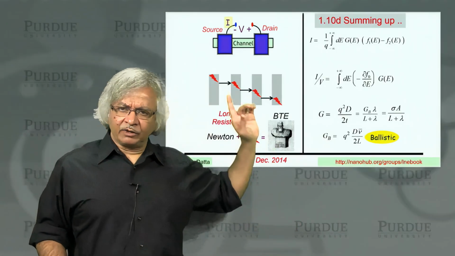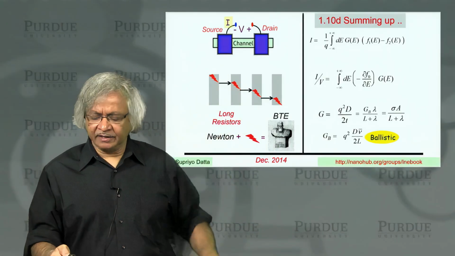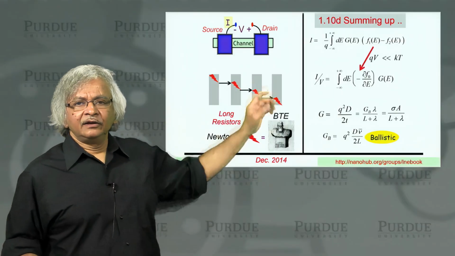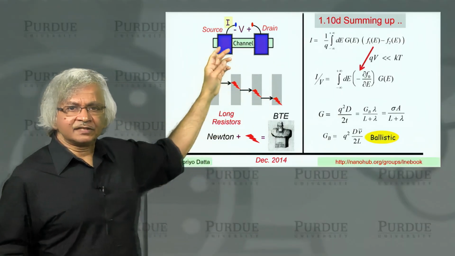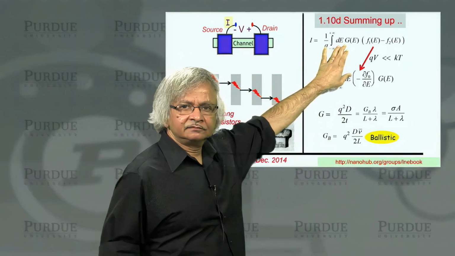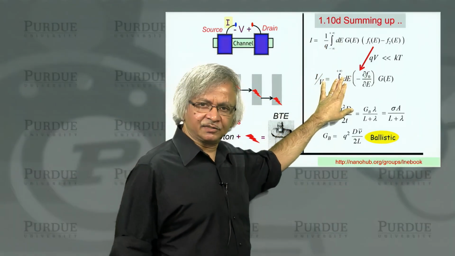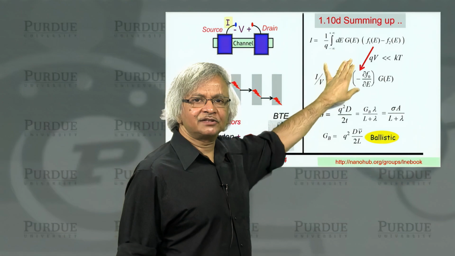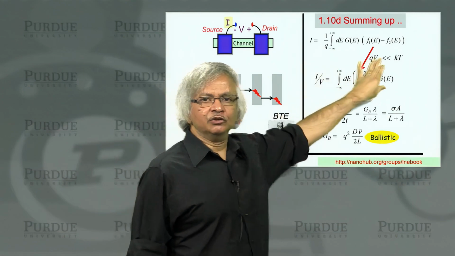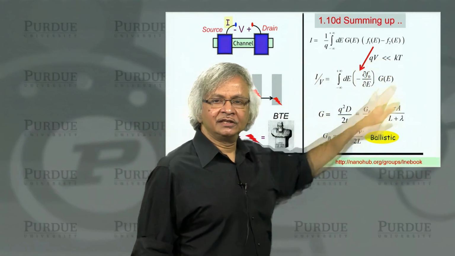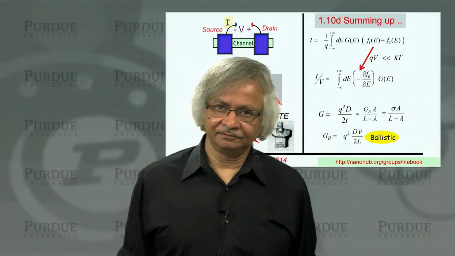Now, one subtle question that I wanted to stress is that when I go from this expression for current to this expression for conductance, we use this Taylor series expansion. And that expansion requires you to assume that the applied voltage is much less than kT.